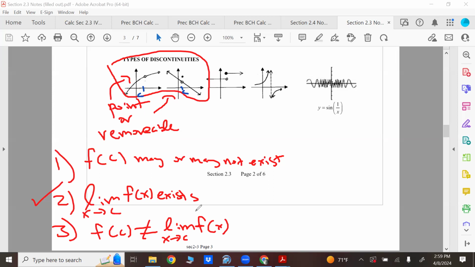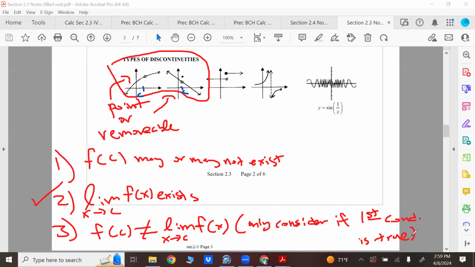Assuming that if one held true, only consider the third condition. The first one holds true.